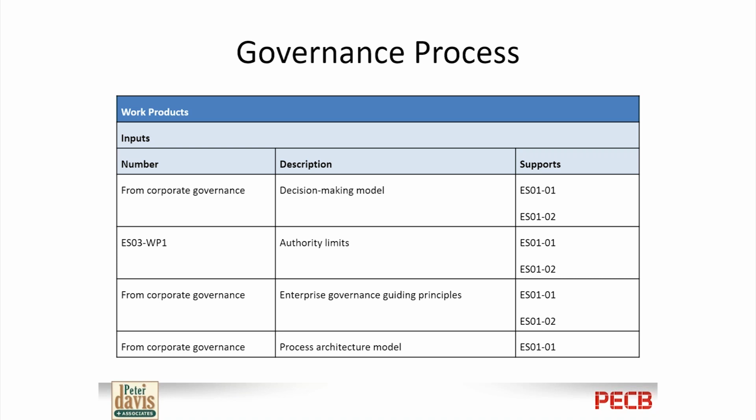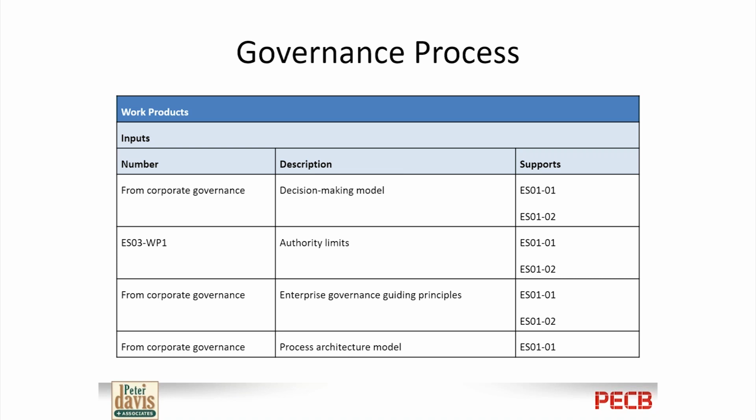As well, we'll set authority limits, and if we're talking about projects, then a lot of times we're setting limits for, say, project tolerance. Overall, the organization will have some appetite for risk, and then a risk tolerance will be set for projects, and that will be given to the project steering committee, which will in turn allocate a certain amount of the risk appetite to each one of the projects.